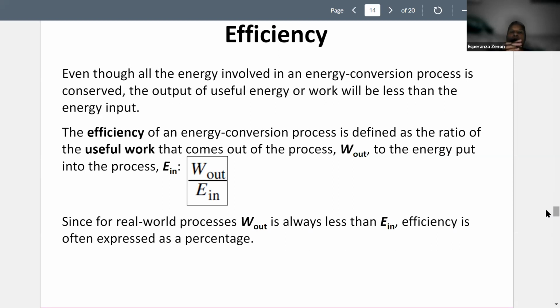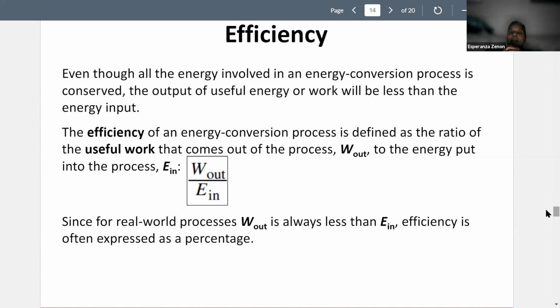Even when we're dealing with a situation where you have energy being converted from one form to another, sometimes we want to know how efficient that energy conversion process is. Well, in that case, we have to look at how much work we get out for the energy that we have to put in.